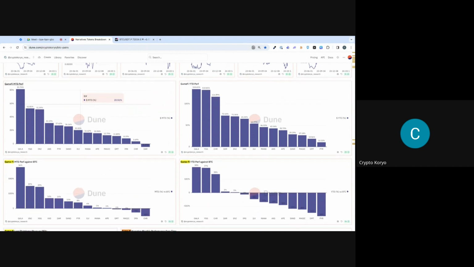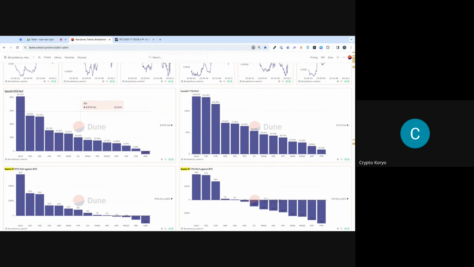So me as a narrative trader, when I see that, I would bet on a continuation of this trend, especially when I consider the context, which is that we are in a new bull market environment, and from what we saw from the centralized exchange narrative, we know that retail is coming back.